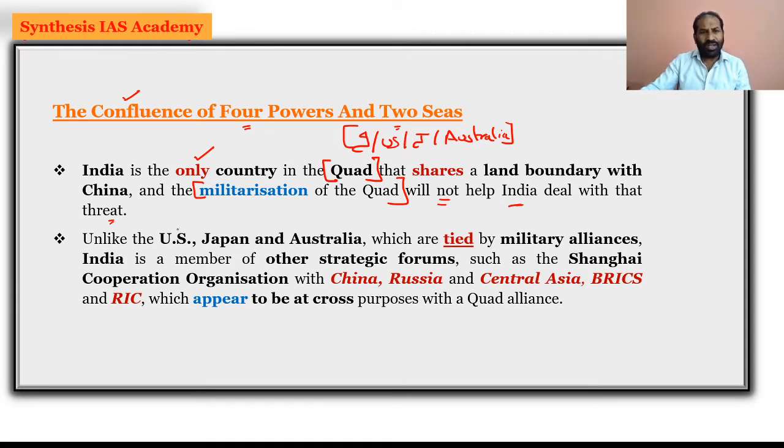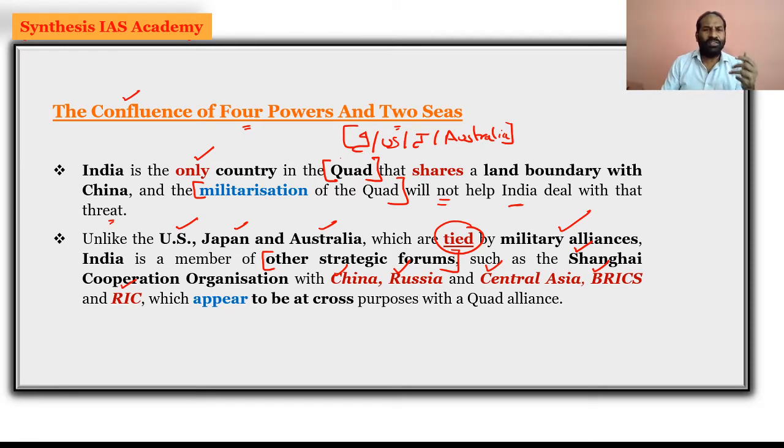And when we look at the US, Japan and Australia, they are all tied by military alliances. So in the Quad, it is only India, a member of the Quad, which is part of other strategic forums, that is the Shanghai Cooperation Organization or SCO, and it has a strategic relationship with China, Russia, Central Asia, BRICS, and then RIC, that is Russia, India, China.